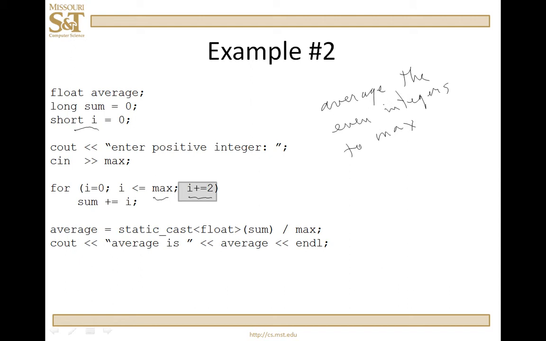Well, a for loop is a counting loop, and a lot of times you use this loop control variable simply as an index.